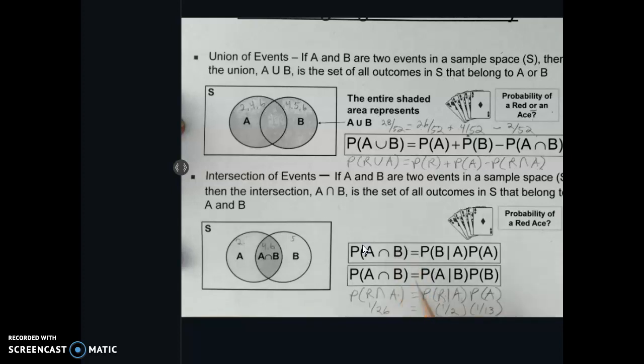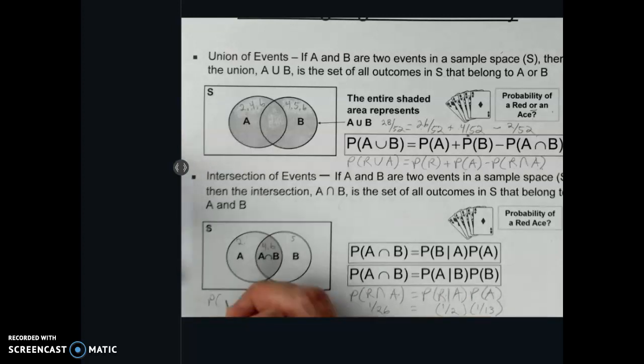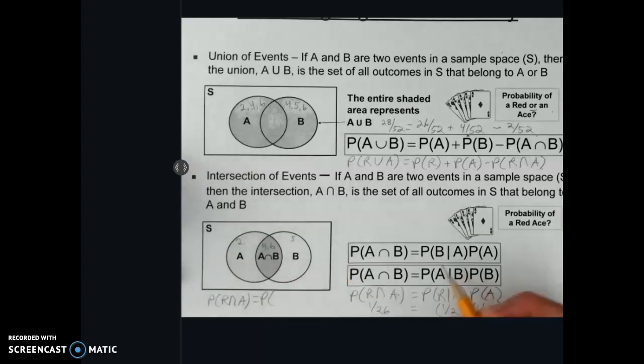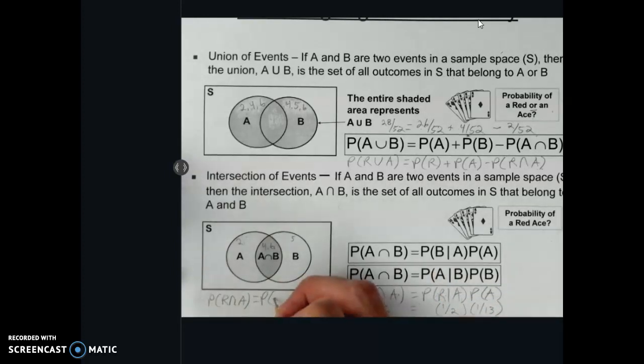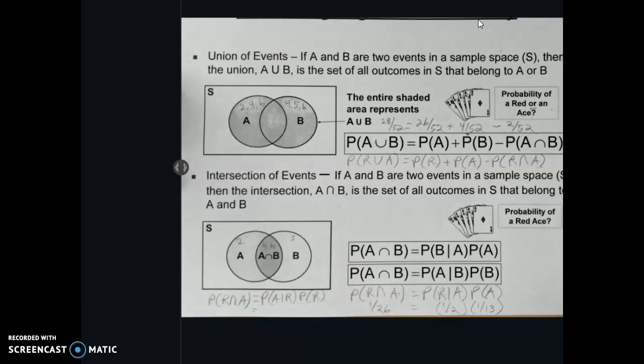Right. Now, what if we had used this formula here? It would give us the same results, right? Let's do it just to illustrate. The probability of getting a red intersecting an ace is equal to the probability of an ace given a red times the probability of a red. Put some numbers on that. The probability of getting an ace given a red, well, half the deck is reds.